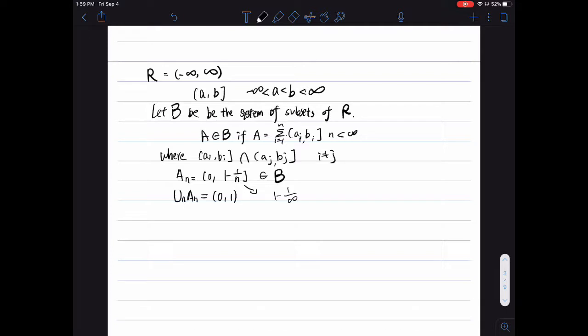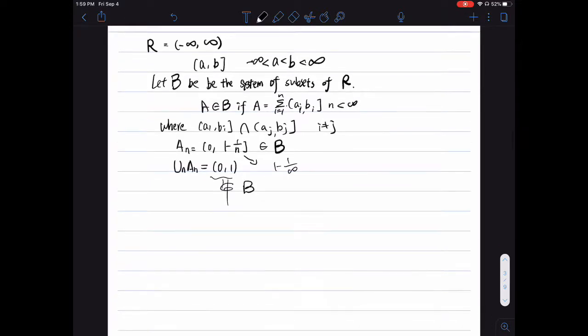And of course, this open interval (0, 1) is not part of the collection of sets we just created, since it's open on the right-hand side and all the subsets in B have a closed right endpoint. So that's why we say this countable union is not an element of the set B.